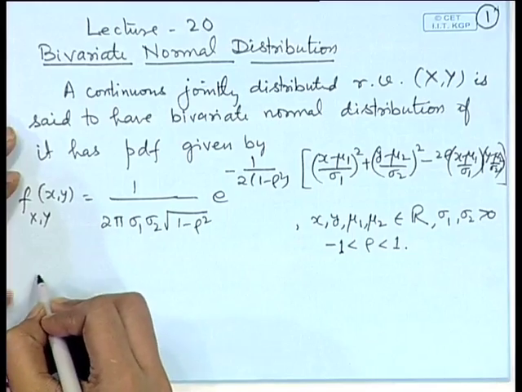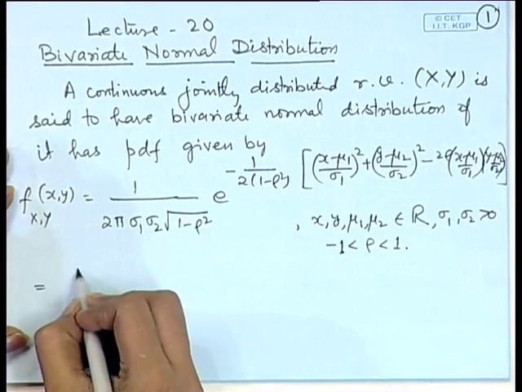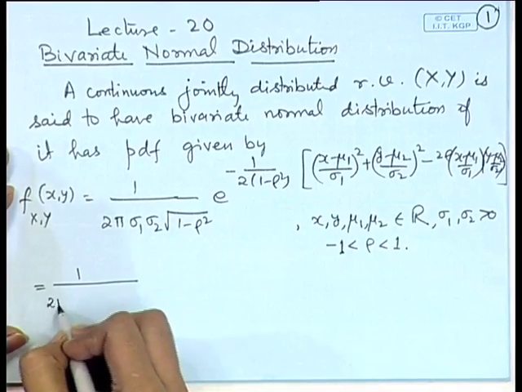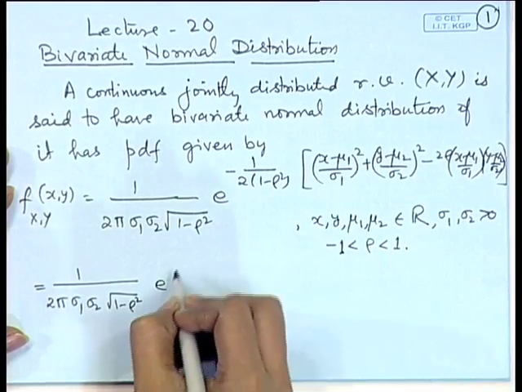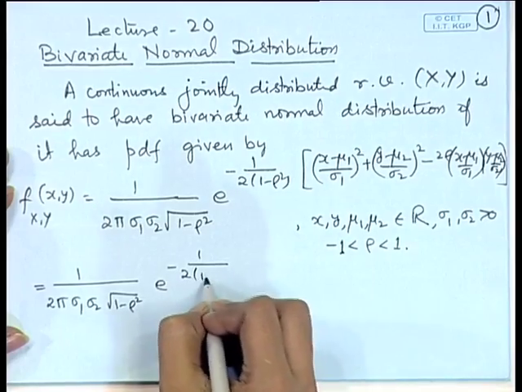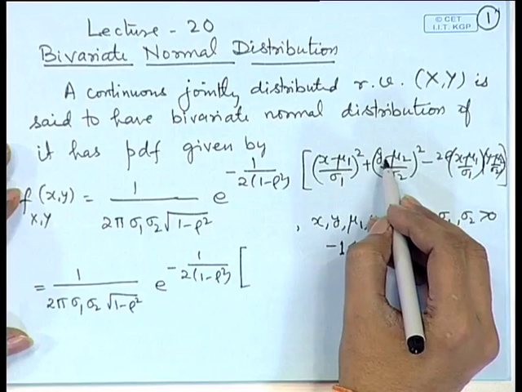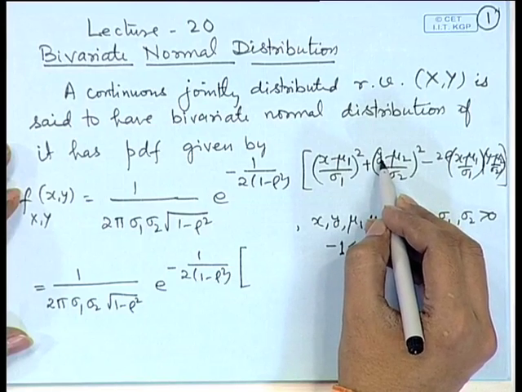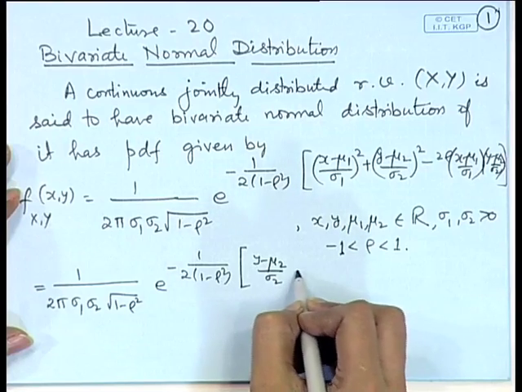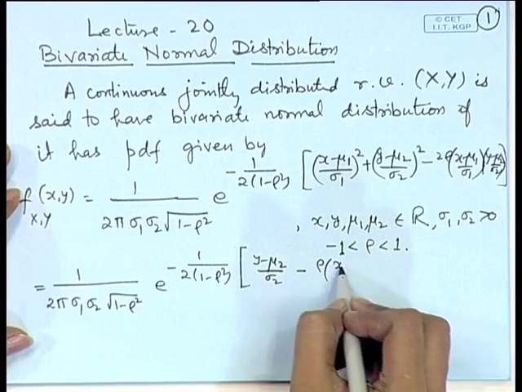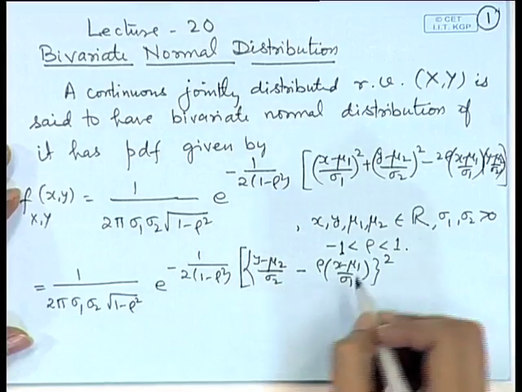So, we can factorize it as 1 by 2 pi sigma 1 sigma 2 root 1 minus rho square, e to the power minus 1 by 2 (1 minus rho square). So, here if we make a square in y, then we have [y minus mu 2 by sigma 2 minus rho (x minus mu 1) by sigma 1] whole square.